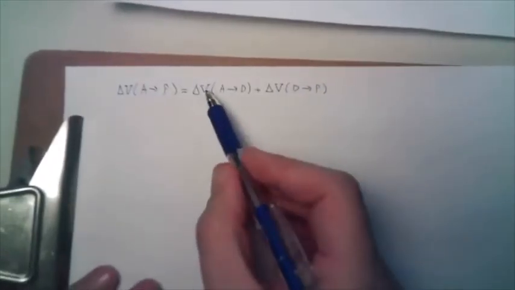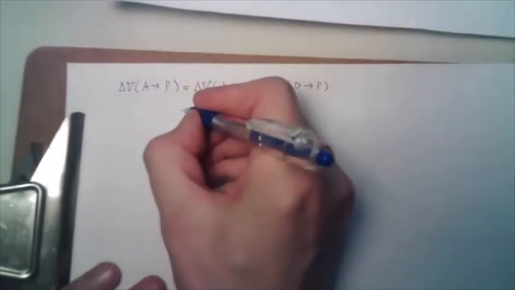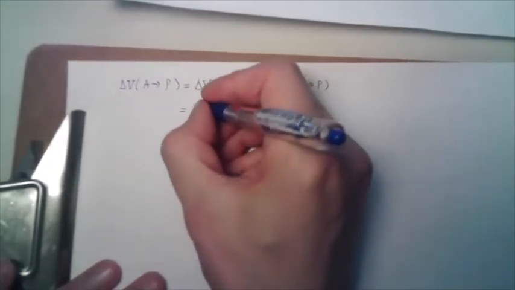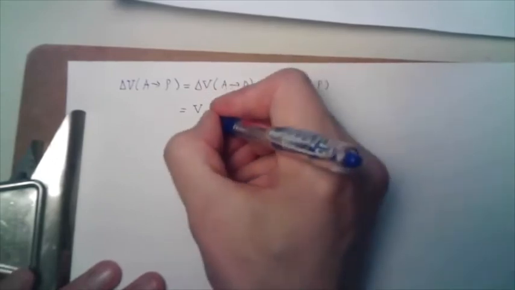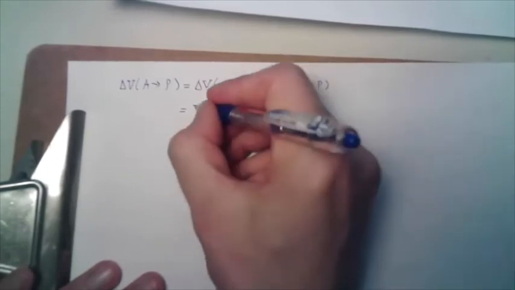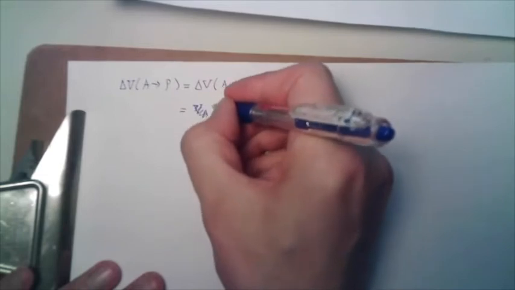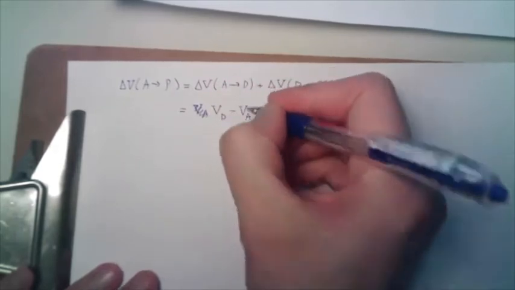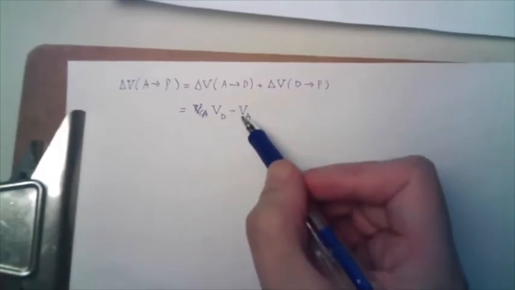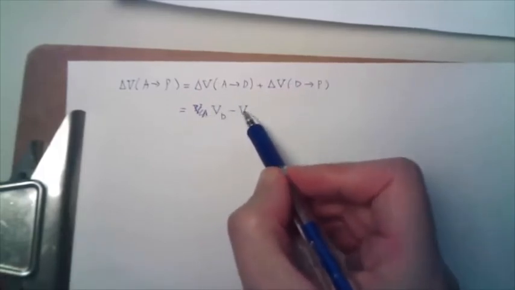So this first expression is just the potential at point D minus the potential at point A. Notice that I'm dropping the delta here.